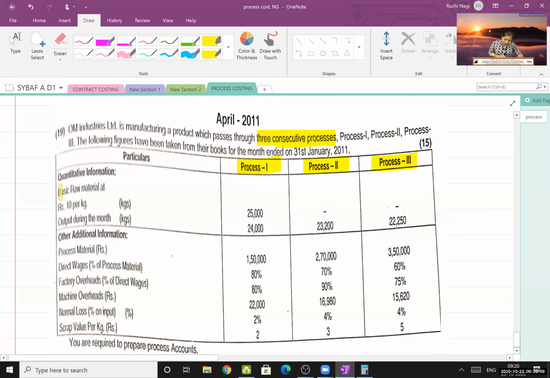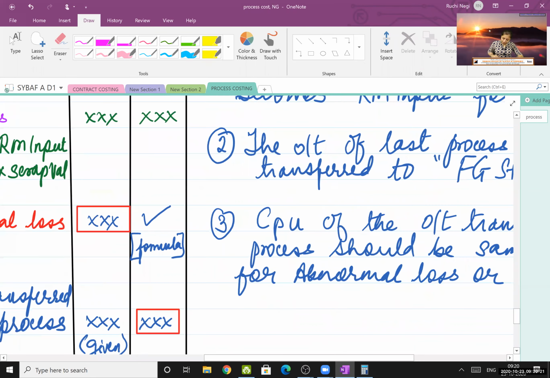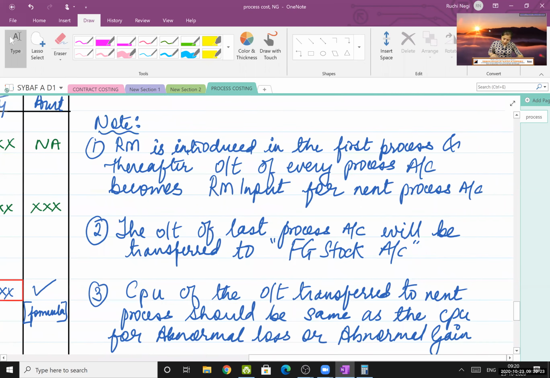Okay. Basic raw material at rupees 10 per kg. Okay. See, 25,000 kgs and the rate is 10 rupees per kg, and see here the first note, raw material is introduced in the first process, first part. Okay, the first half of the first point.